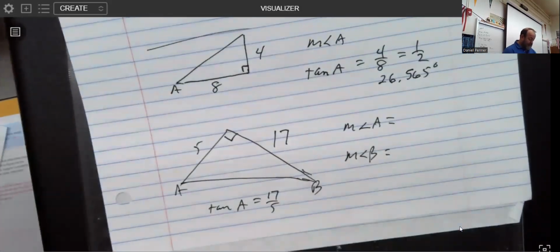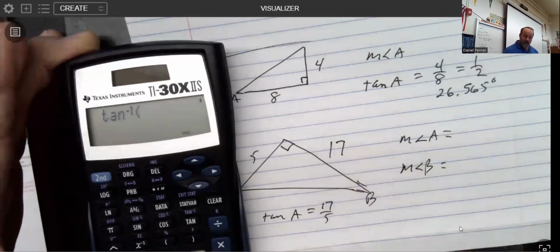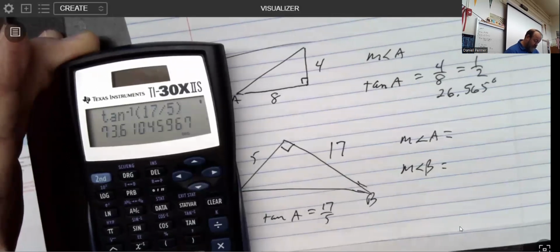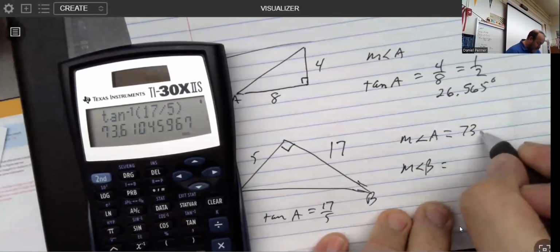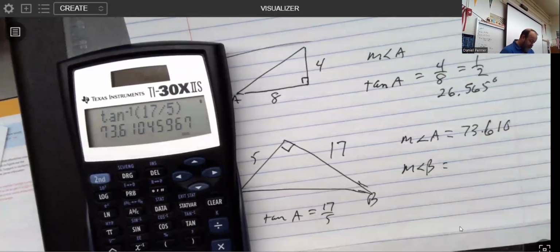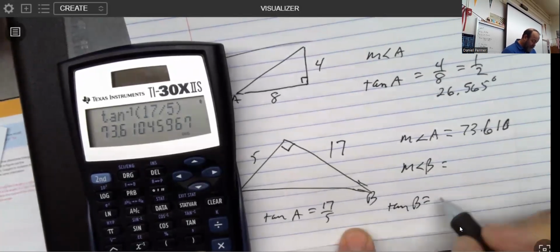So I'm going to take the inverse tangent of 17/5, and I got that that angle is 73.16.